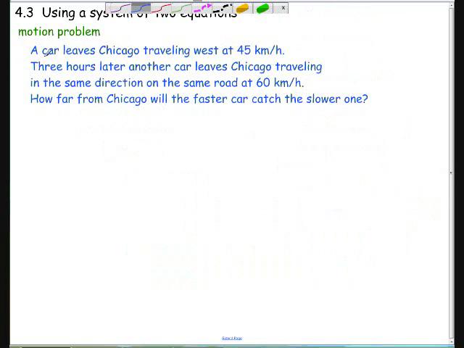A motion problem. A car leaves Chicago traveling west. Okay, I'm just going to make a note of that. Traveling west, and it's moving at 45 miles per hour. 3 hours later, so this was at time 0.